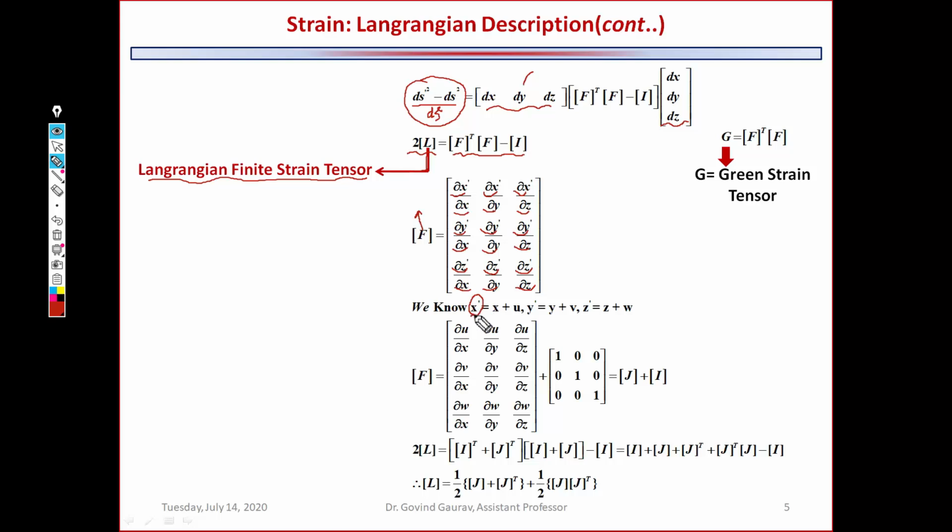So x dash is equal to x plus u, y dash, which is the deformed state, is equal to y plus v, and z dash is equal to z plus w. Now what we need to do is put the values of x dash. These values of x dash will go everywhere.